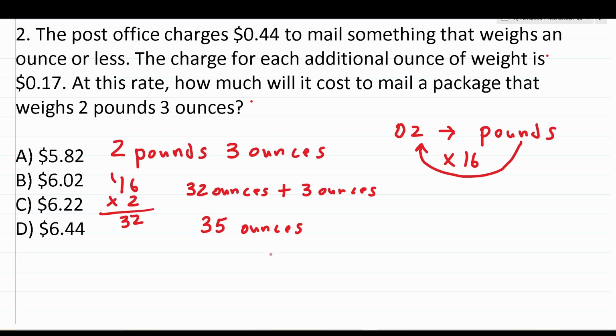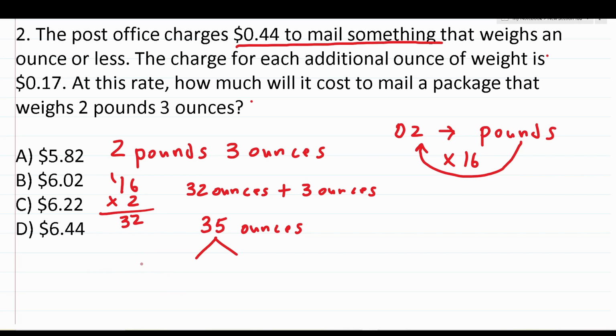All right, so now that we've converted the weight of the package to just be in terms of ounces, we actually have to see how much it's going to cost to mail this package. Well, right here, we're told that it costs 44 cents to mail something that weighs an ounce or less. So let's break this down.